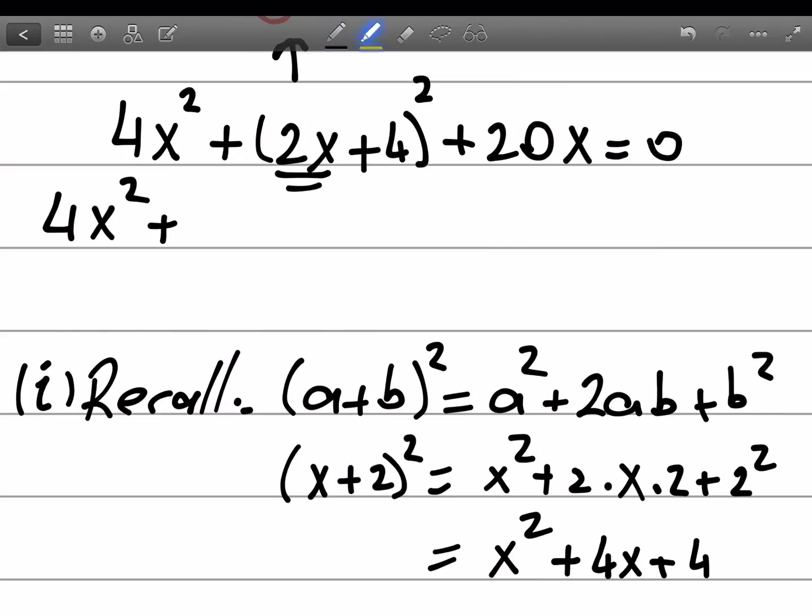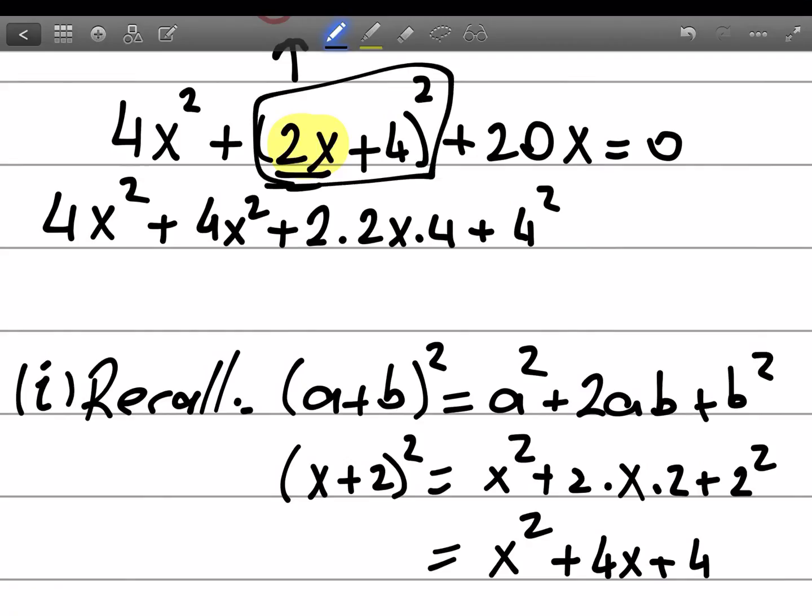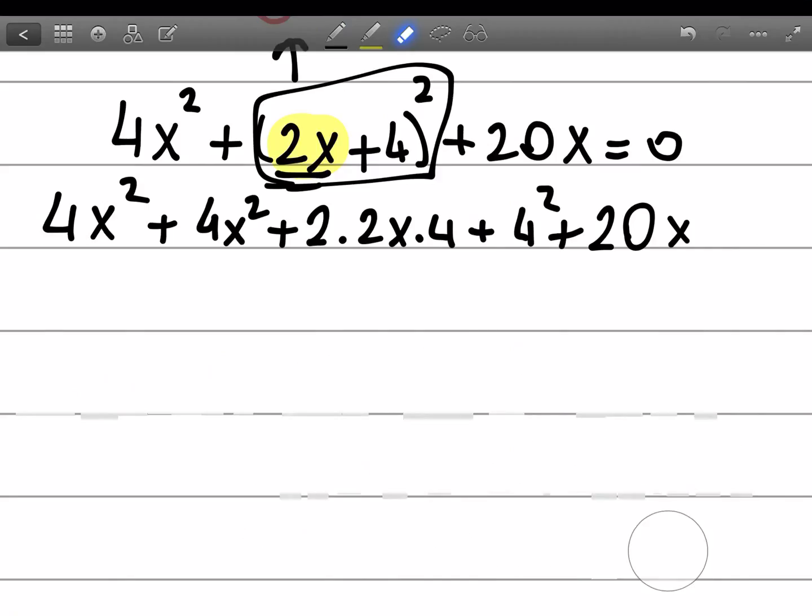And square of first term is 4 squared. Plus, because of this sign, 2 times first term, second term, and plus square of second term. That part is finished, and 20x is here. Let me clear here.